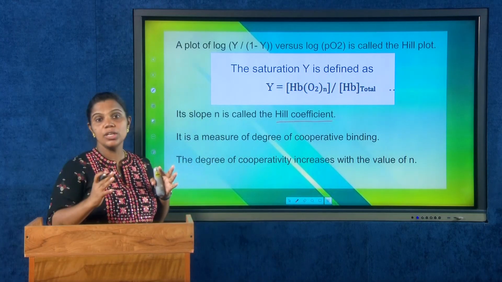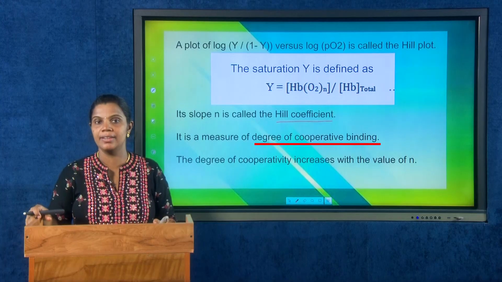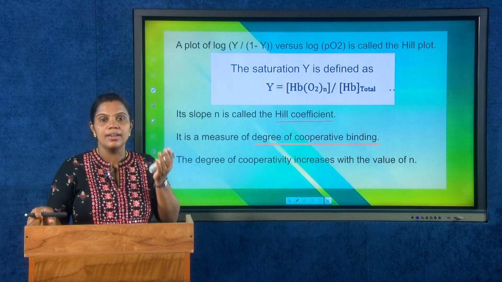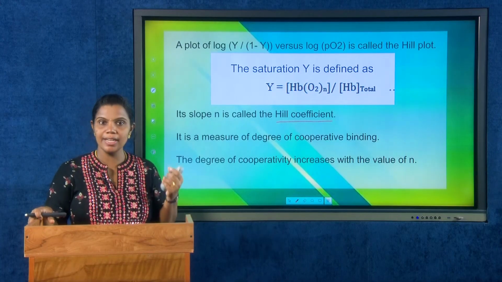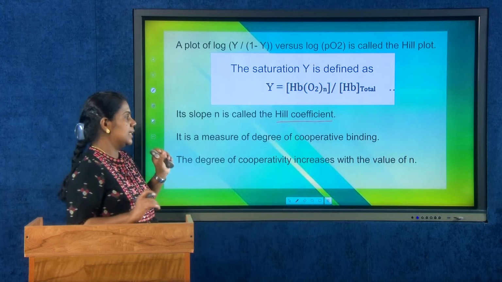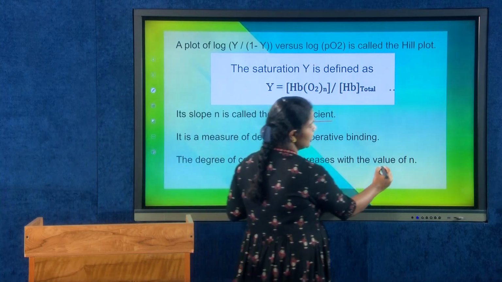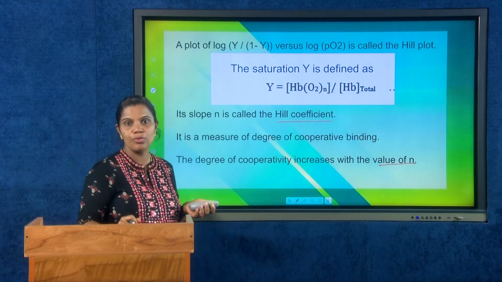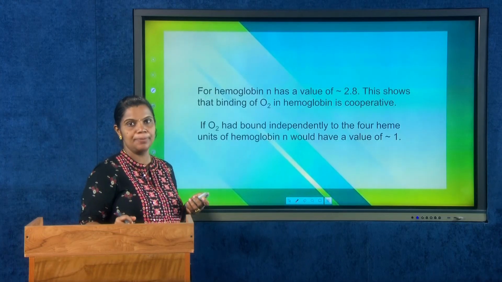It is the measure of the degree of cooperative binding, that is, n gives the degree of cooperative binding and is called the Hill's coefficient. The degree of cooperativity will increase with the value of n. So, if we have a higher value of n, it means that there is a greater degree of cooperativity.